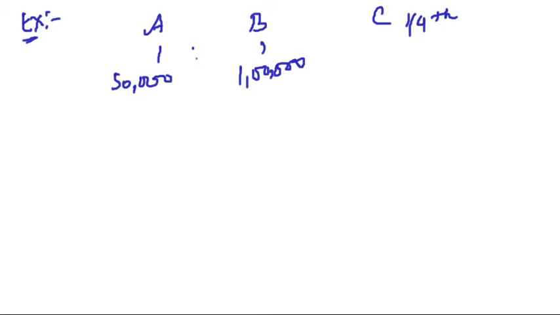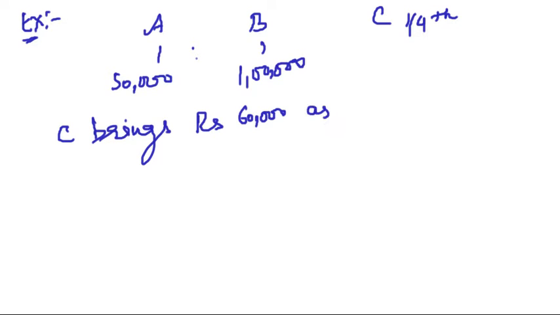Further it says C brings rupees 60,000 as his share of capital. Be careful, not premium for goodwill. It is given that C brings rupees 60,000 as his share of capital.